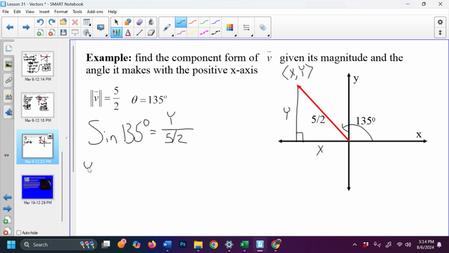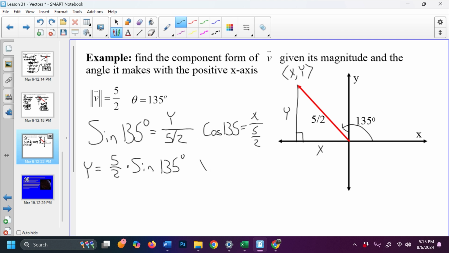And then y would equal, I'll multiply both sides by 5 over 2. That'll cancel on this side. So I'll have 5 halves times the sine of 135. Similarly, I can say the cosine of 135 is equal to the adjacent side over the hypotenuse, so x over 5 halves.